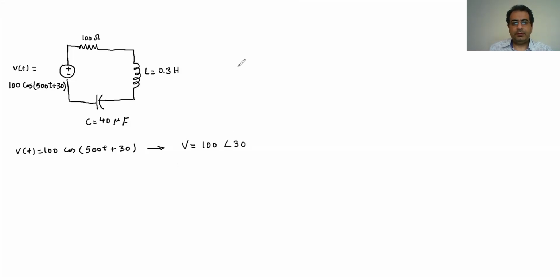If I start to draw that, I have a source, let me call it VS, and we know that the voltage at the source is 100 with angle of 30.